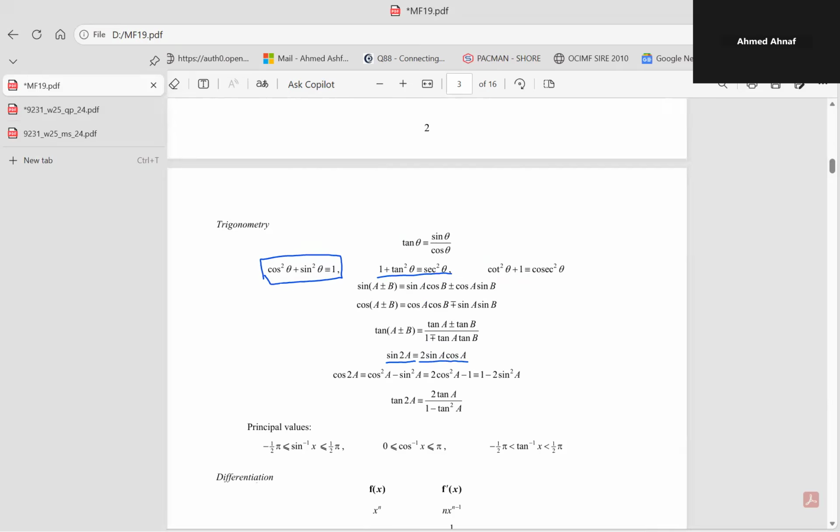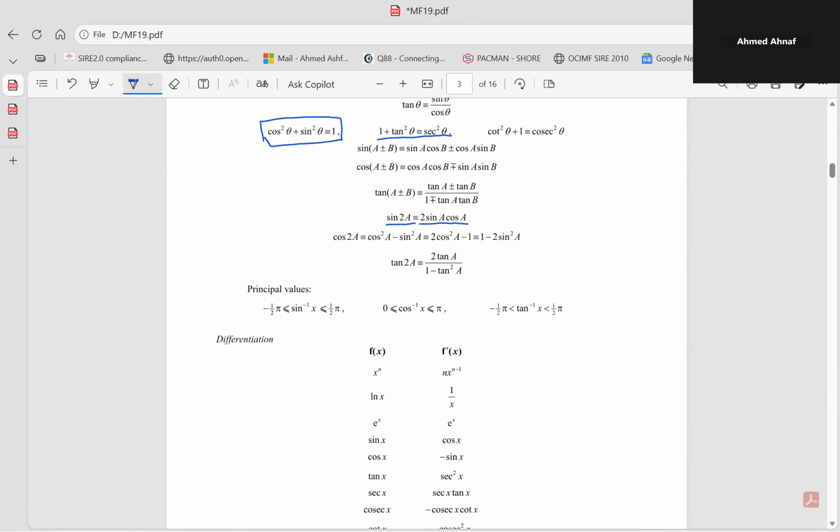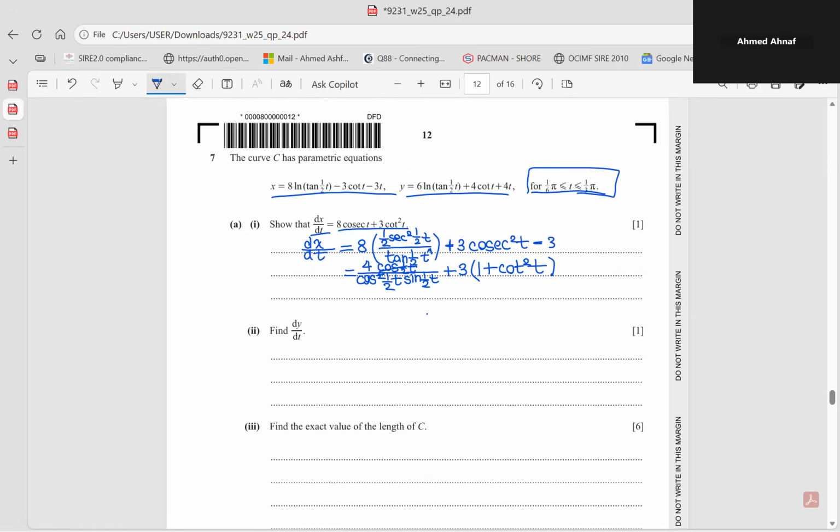If you realize, that is very similar to the double angle formula for sine 2 theta, which is 2 sine A cos A. So we're manipulating it by adding a half.